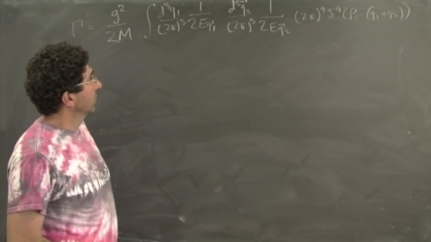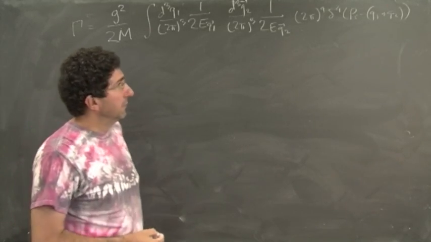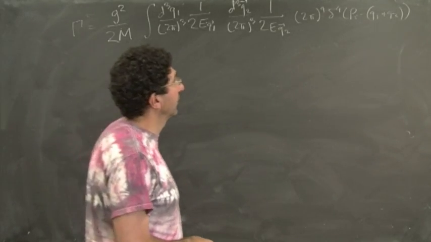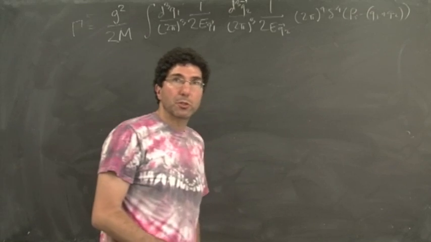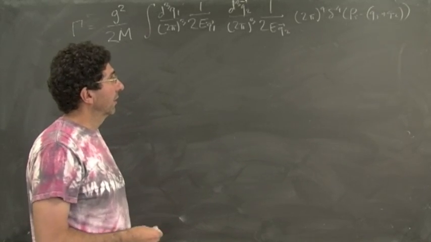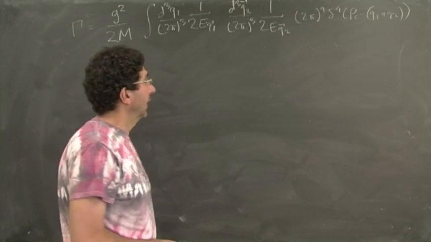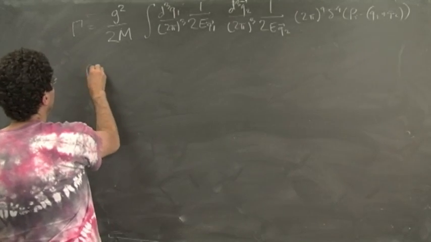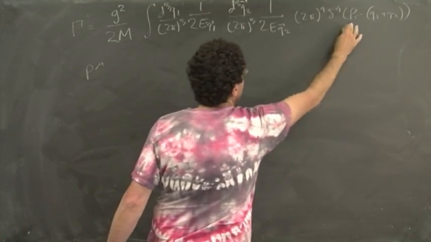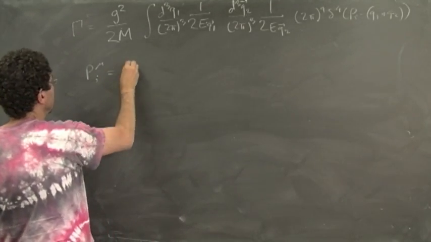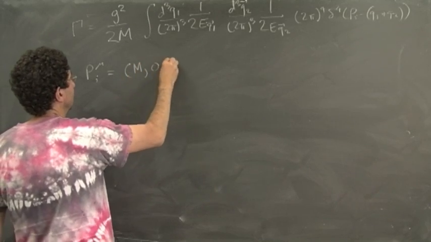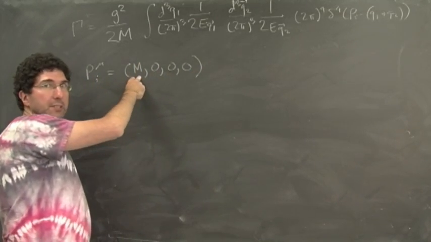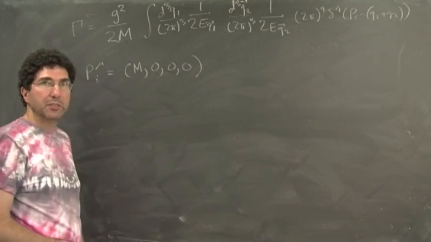Okay, so we have 4 delta functions here, so we should use those to do as many integrals as we can. And we should also remember that capital P mu initial, the initial momentum, since we're in the rest frame, just looks like this, right? The energy is m, and the 3 momentum is 0.